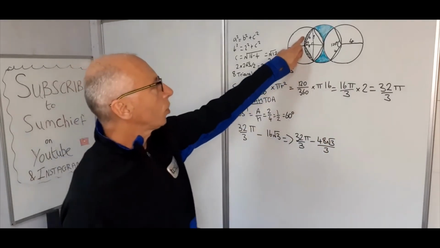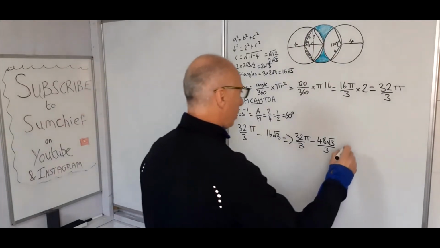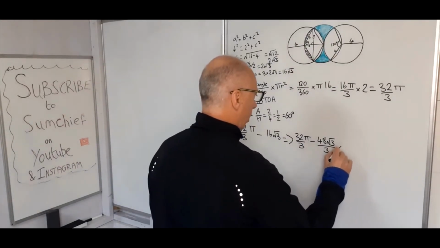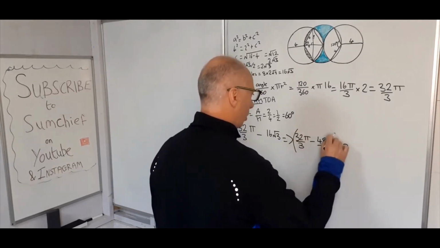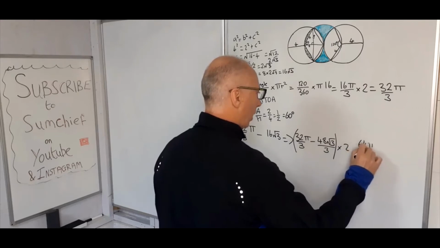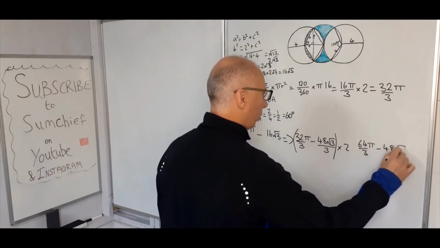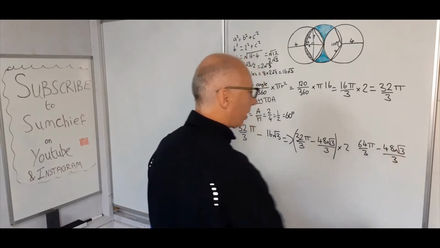And of course we've only got 2 of these, but we want 4. So therefore we times that by 2, we've got 64 pi over 3 minus 48 root 3 over 3.